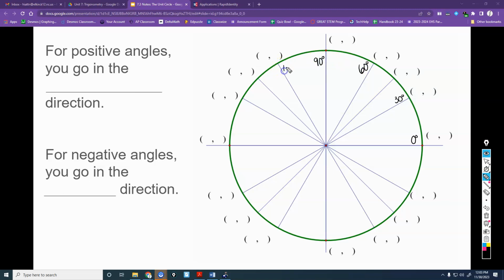You'll have 120 degrees here, 150 degrees here, 180 degrees, 210 degrees, and you guys can go ahead and start filling this in on yours, 240 degrees, 270 degrees, 300 degrees, and 330 degrees.